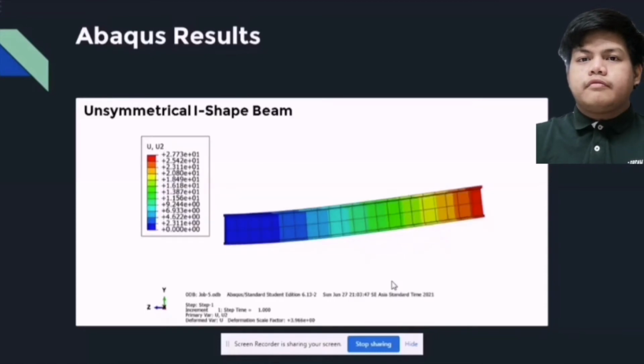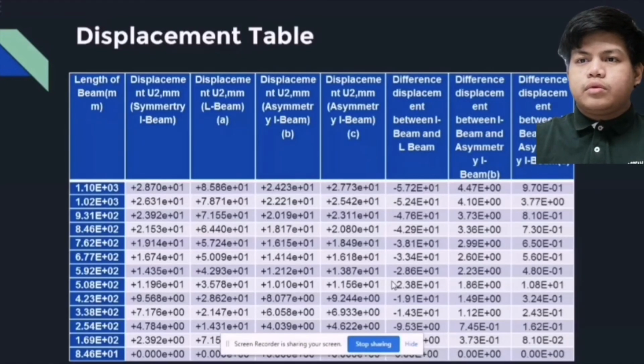And for the unsymmetrical I-shaped beam, case 3, we have the maximum deformation of 2.773 times 10 to the power of 1 millimeter. So these are the results that we can see, and the difference between the three cases and the first symmetrical I-beam shape.